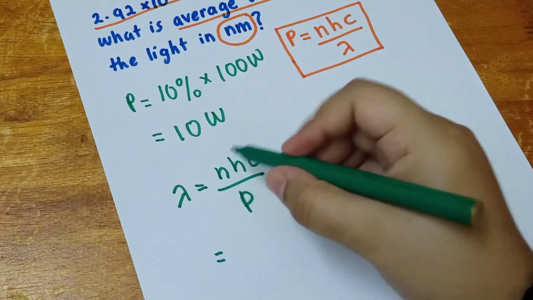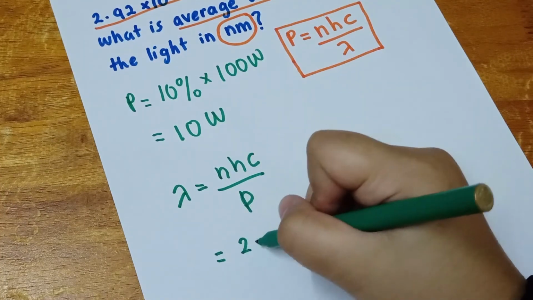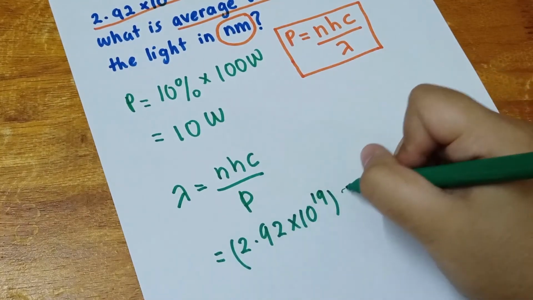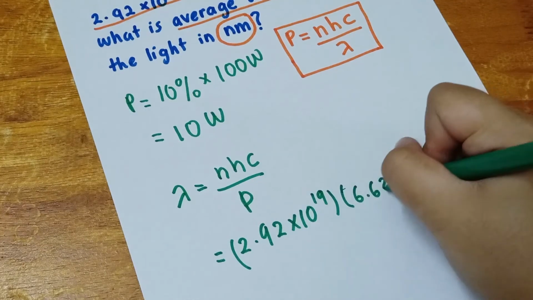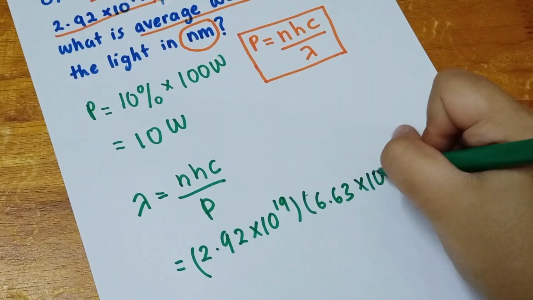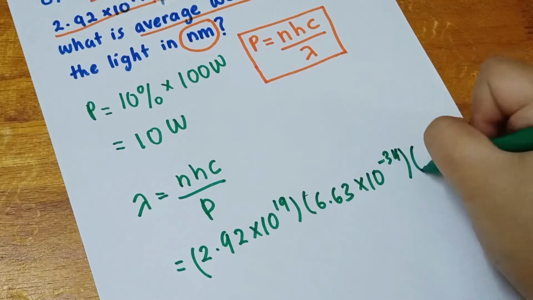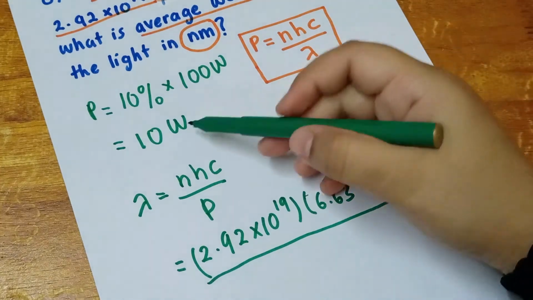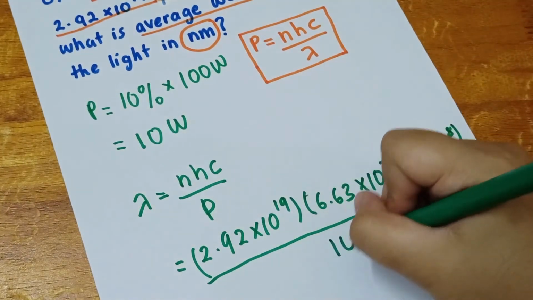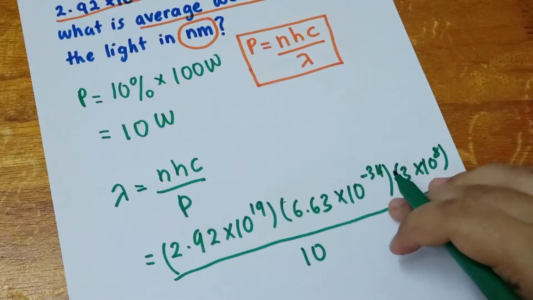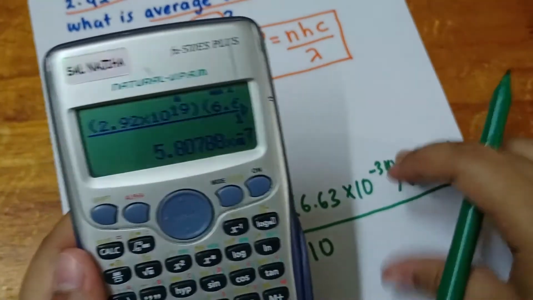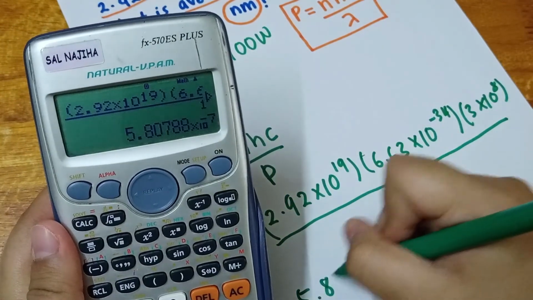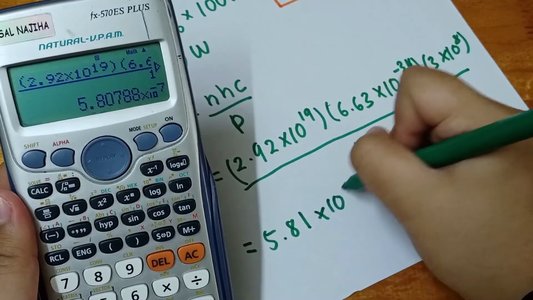The number of photons is 2.92 exponent of 19, the Planck constant is 6.63 exponent of negative 34, the speed of light is 3 exponent of 8, and the power, the new power, is 10. As we can see here, the answer will be 5.81 exponent of negative 7.